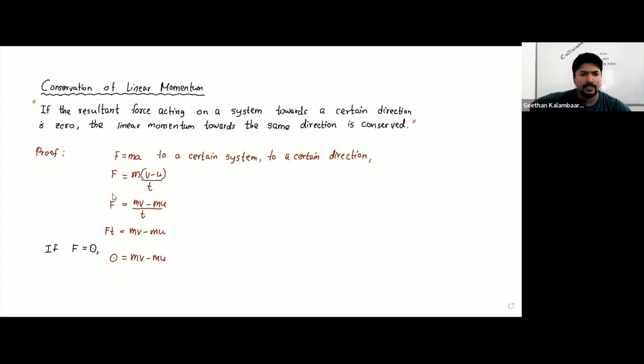Now I'm not going to cancel off the m's. Instead, I'm going to write mu is equal to mv. So here I can say that the initial momentum is equal to the final momentum.